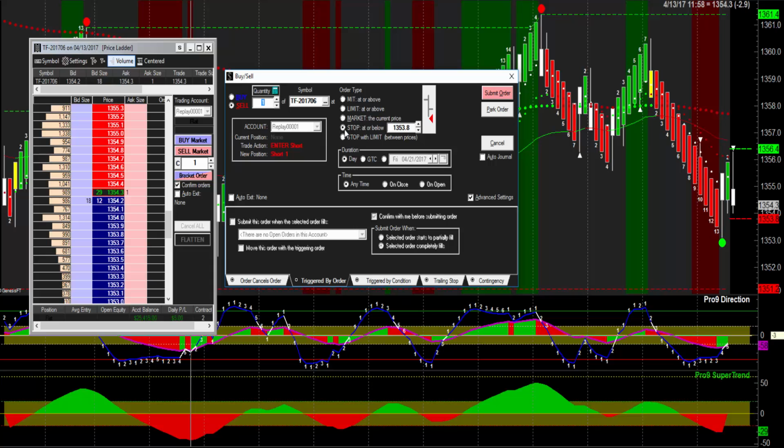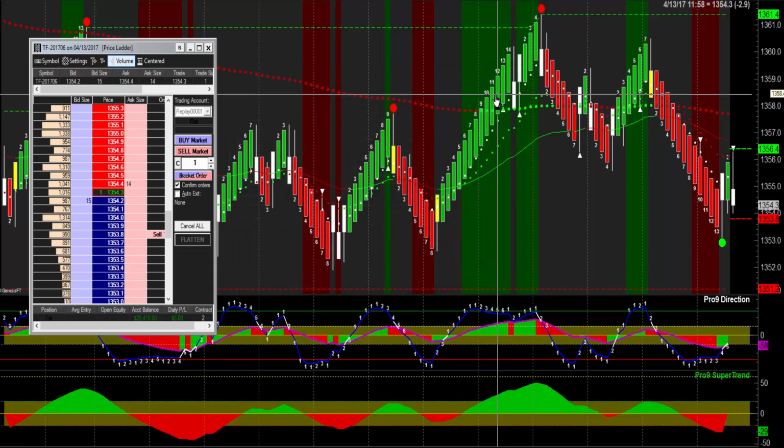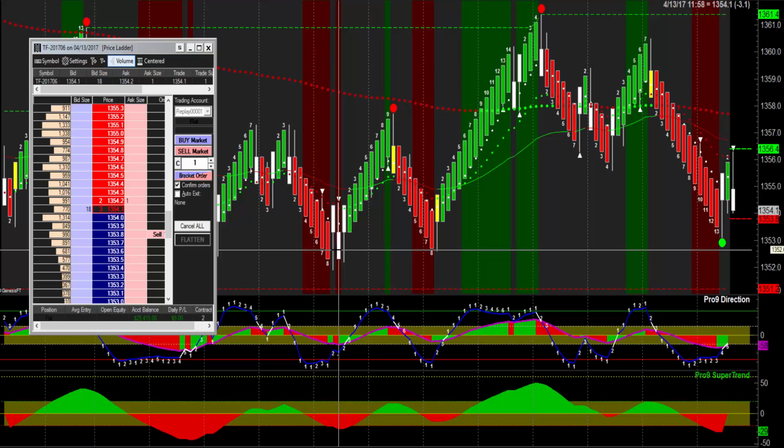Again, very important, we use a stop order. I can confirm my entry price and I'll hit submit order. And now we simply need to wait and see if our order gets filled.